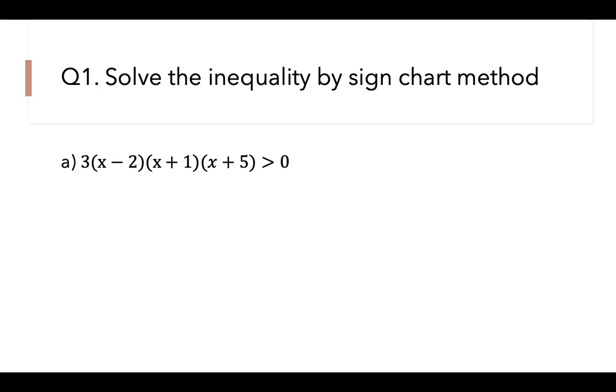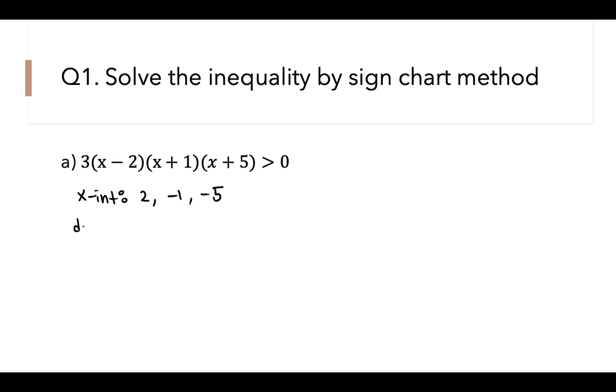First things first, if it's in factor form, it's perfect because you already know what the zeros are going to be. So in this case, my x-intercepts are 2, -1, and -5. And what's the degree?